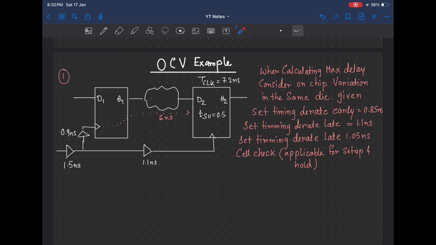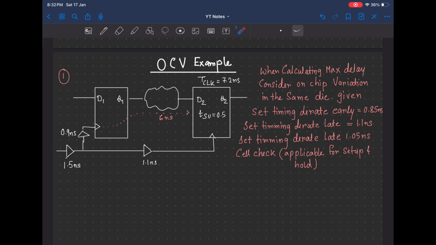I mention one launch path buffer insertion and one capture path buffer insertion with timing, and the whole timing from the clock to Q point to the D2 point, the capture flop, is 6 nanosecond, my T clock here is 7.2 nanosecond, and T setup time is 0.5 nanosecond.